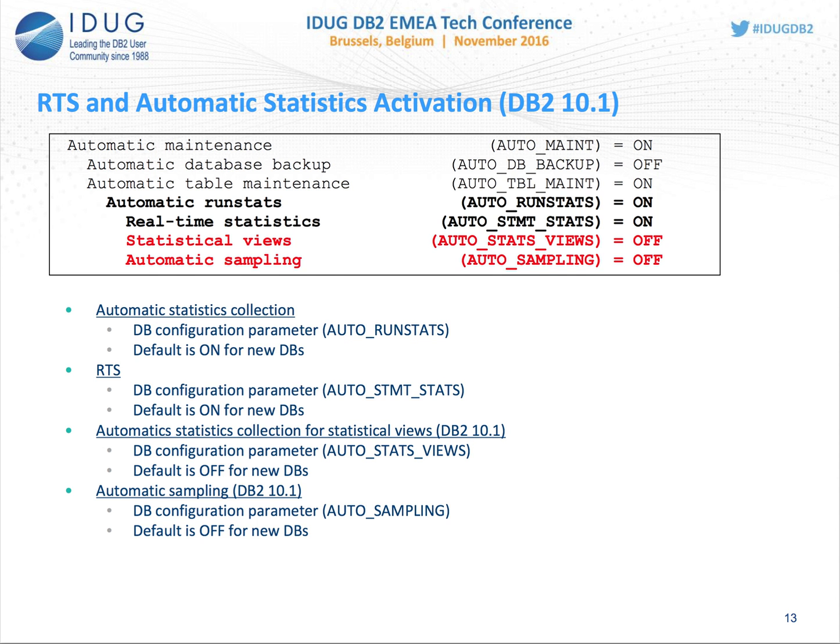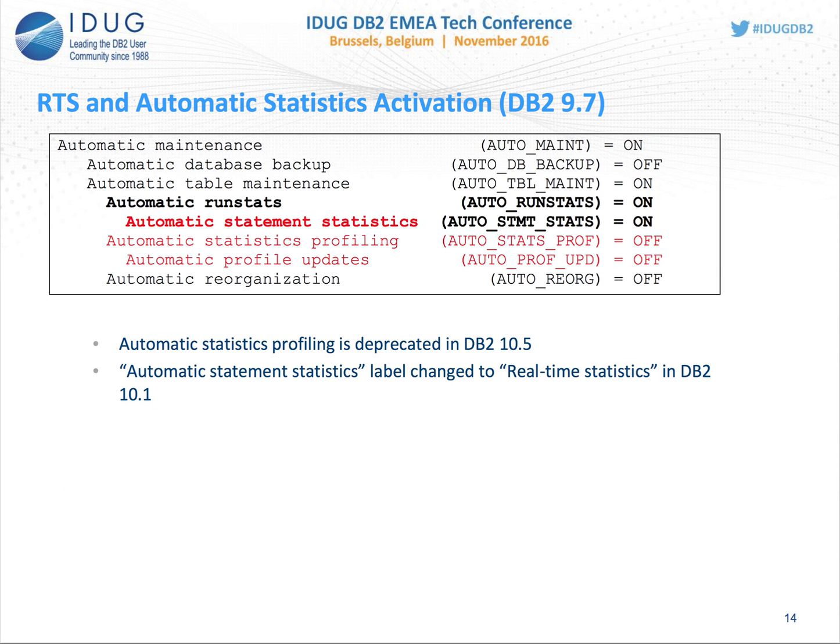Going all the way back to 9.7, there were a couple of other notable changes. Back in 9.7, the switch for real-time stats was called auto statement stats, and I found that confusing, so in 10.1 it was changed to real-time stats.